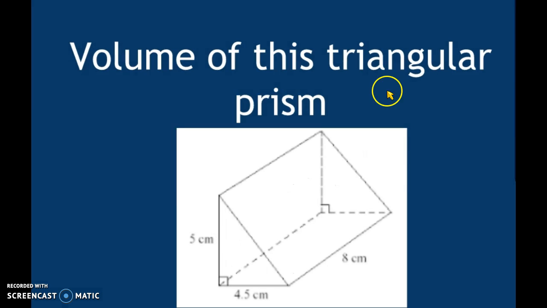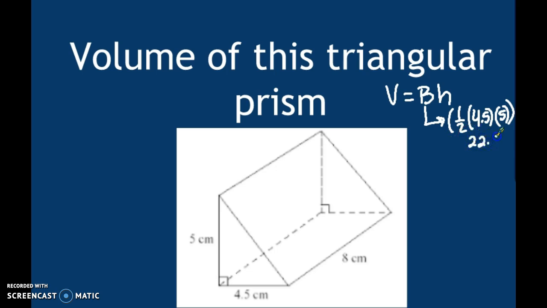Again, the volume of a triangular prism is the area of the base times the height of the prism. The area of the base is 1/2 base times the height of the triangle. 4.5 times 5 is 22.5. Half of that is 11.25.